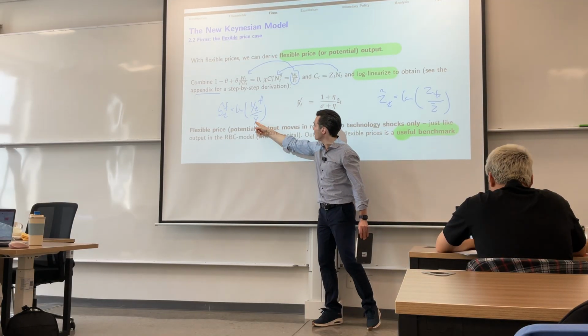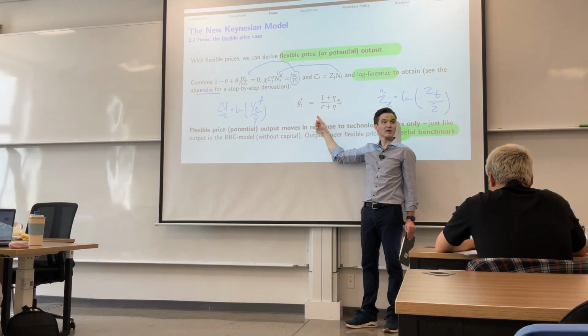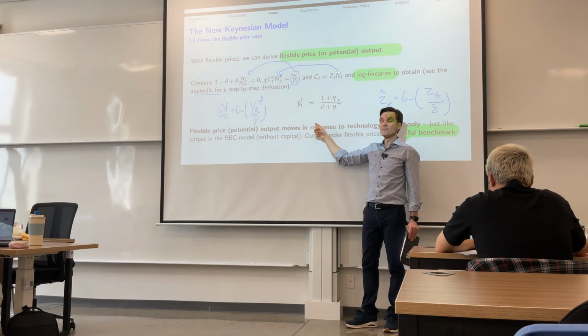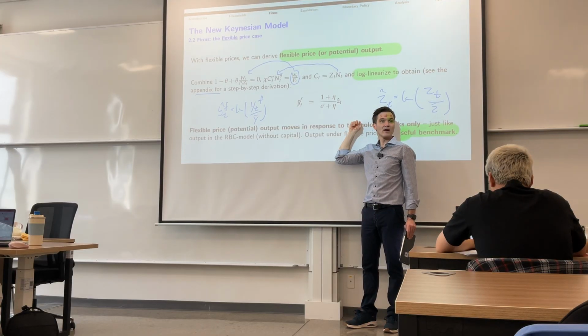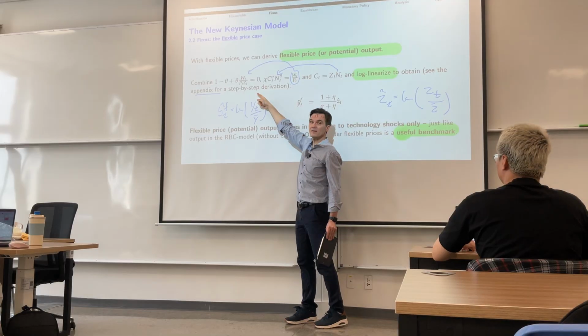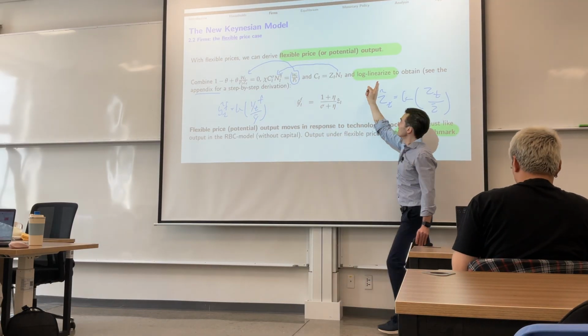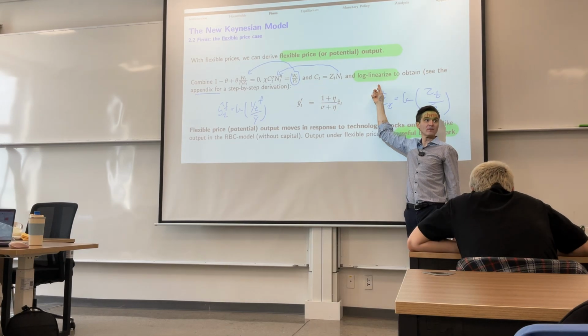So for this Y bar, there will be an equation that will look similar to this, not exactly, that maps steady state output to steady state technology. Try to work this out, it's not difficult. Do the same steps that I do here, and before you log linearize, you just drop the time subscripts and solve for the steady state.